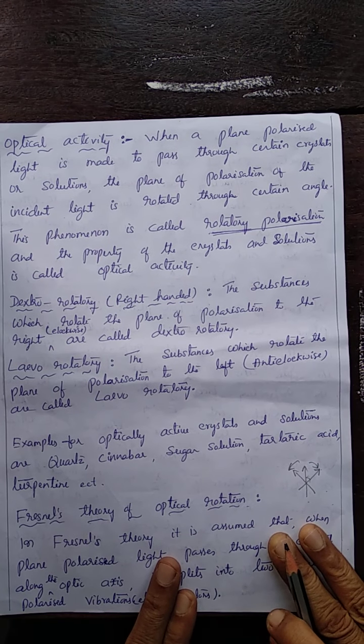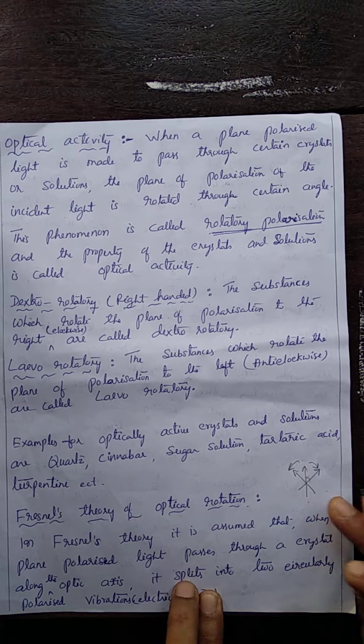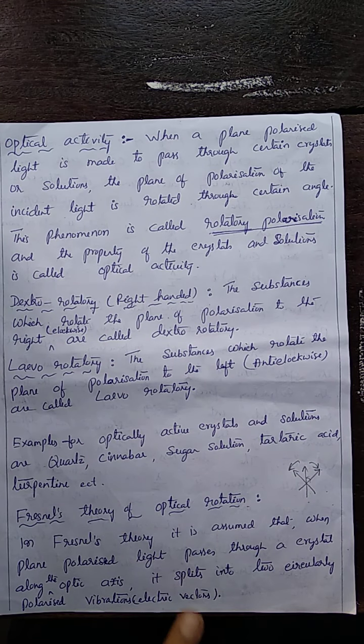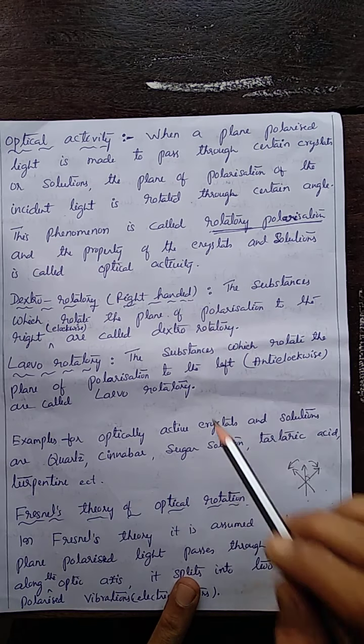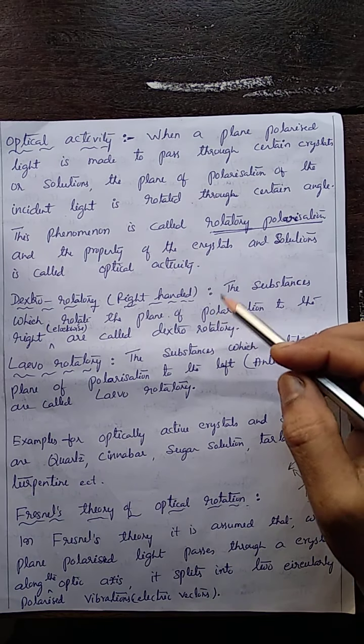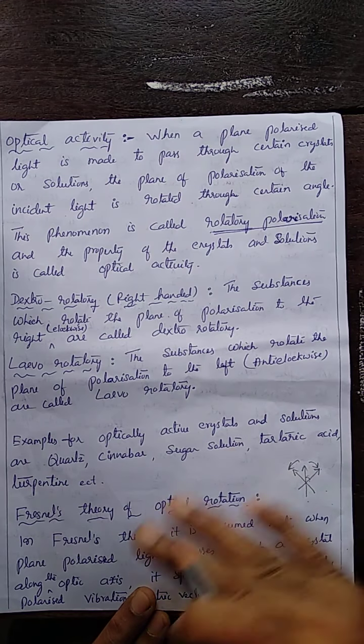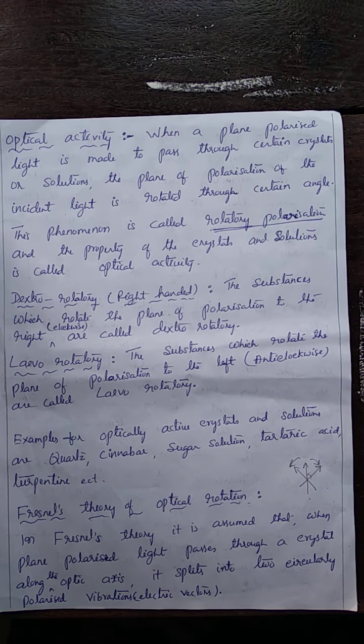Such crystals are called levo-rotatory or left-handed. So there are two types of optically active substances, right-handed and left-handed, or dextro-rotatory and levo-rotatory. Examples: crystals, quartz, cinnabar; solutions, sugar solution, turpentine, etc.